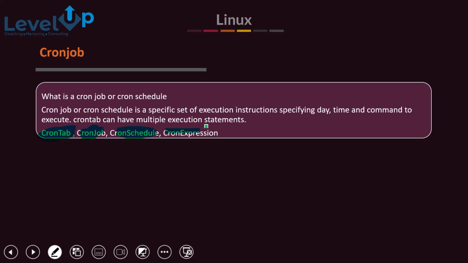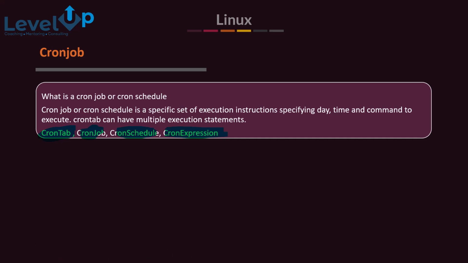And the next one is called the cron expression. Now, what is a cron expression? It is the string that defines the schedule of a cron job. Now, let us see what a cron job looks like.